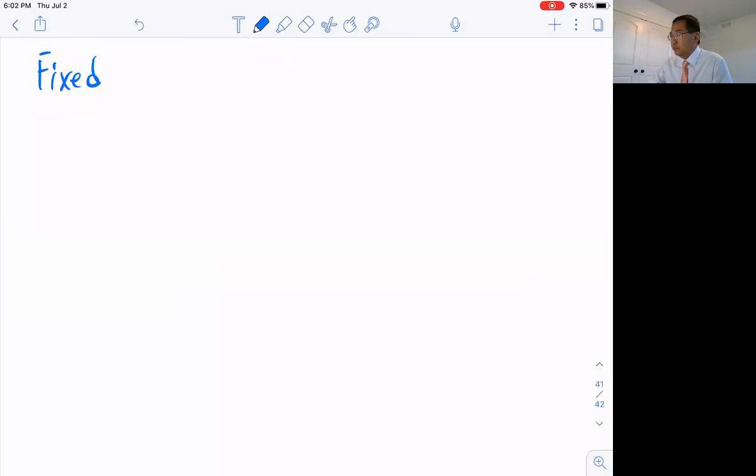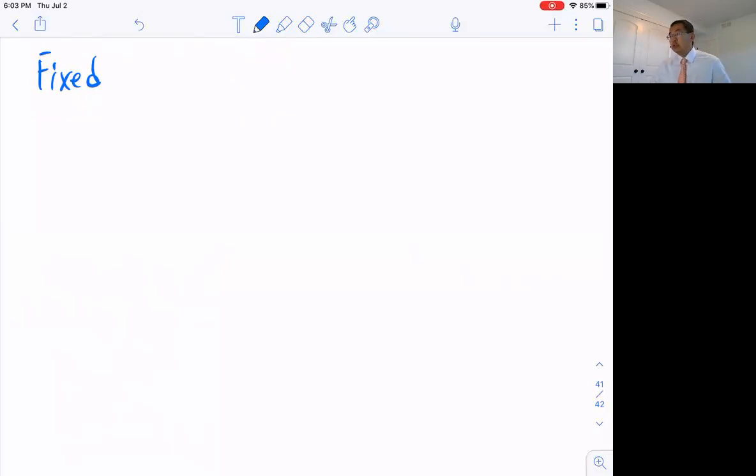Okay, so now when you have a fixed exchange rate system, that means you cannot allow market fluctuation to alter your currency value.